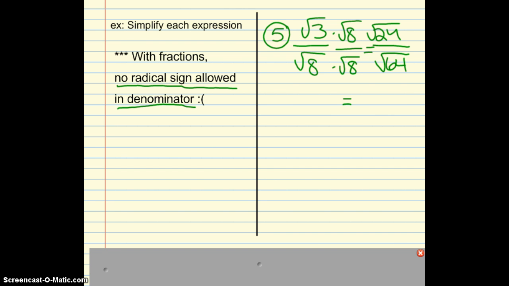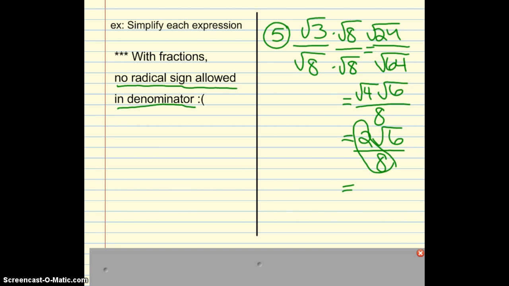Now, 24 breaks into square root of 4 and square root of 6, and our denominator, square root of 64, is 8. So we can simplify further. And the last piece is that I have a 2 over 8 right here that I'm going to go ahead and simplify.